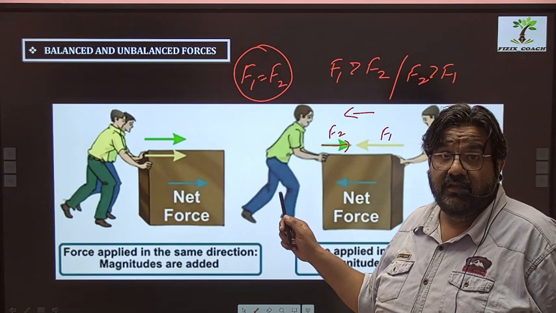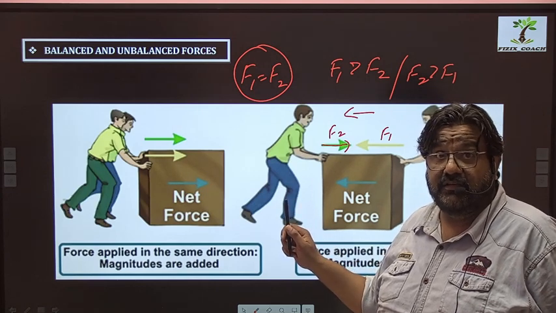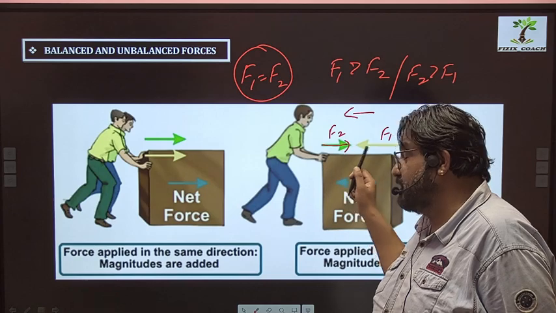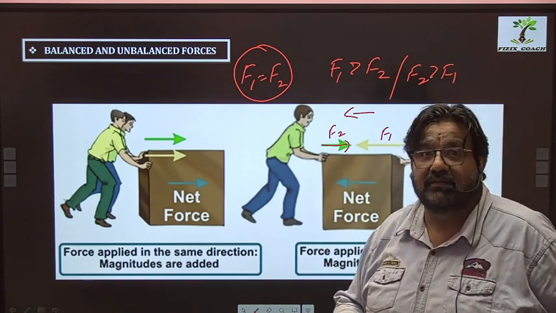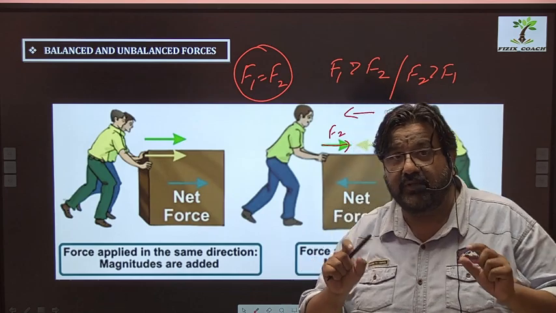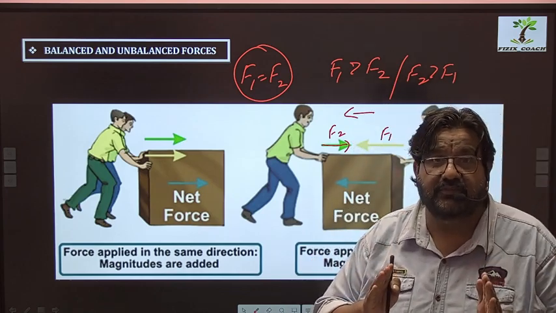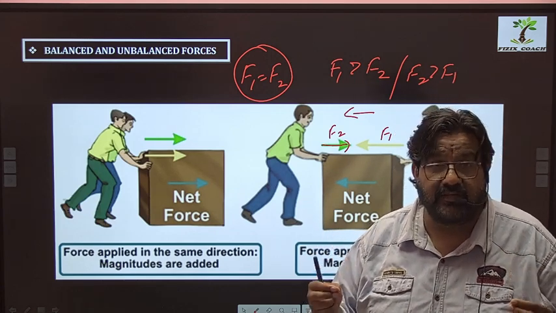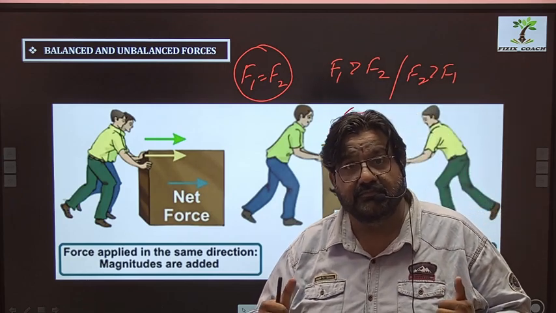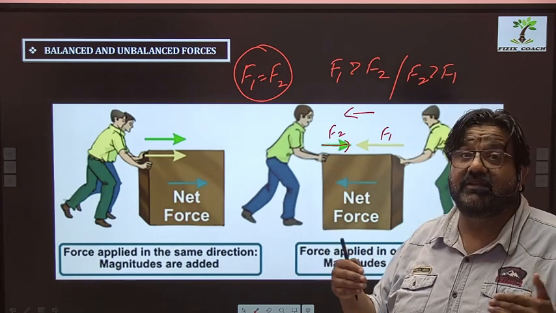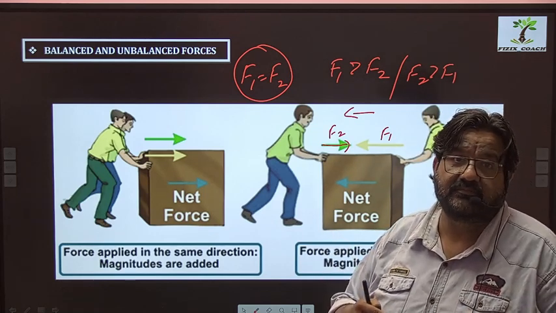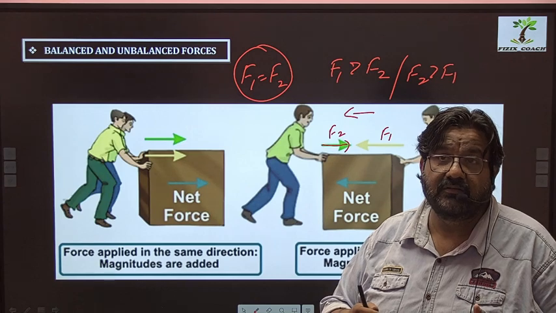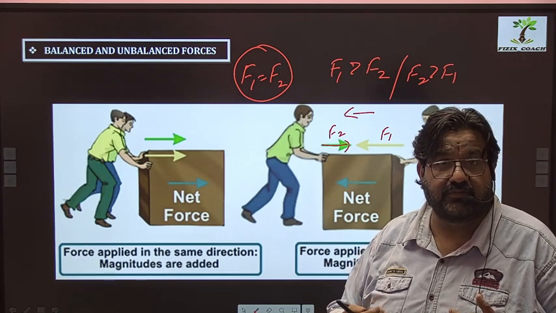In that way we can say that the forces are balanced. So in one line, in the case of balanced forces, the magnitude of the forces is equal, but their direction is opposite. In that case, the forces are said to be balanced forces.